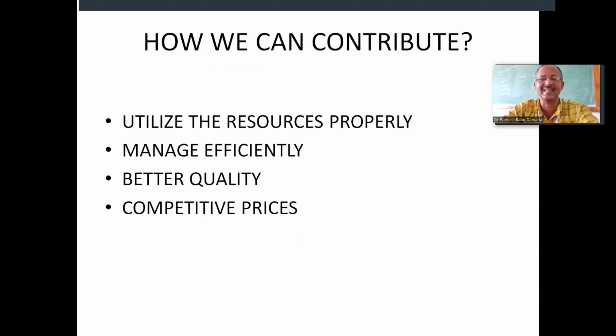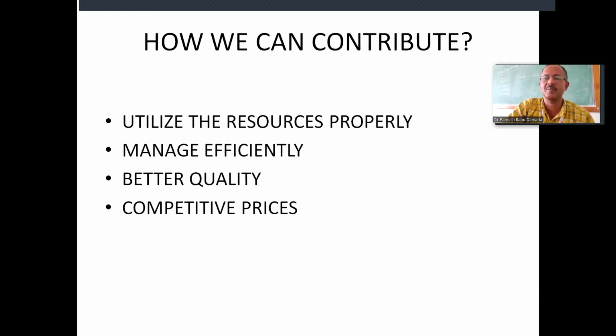Any student who is learning this, you need to think how you can contribute. By knowing about POM, how you can contribute to society, how you can influence the life of the people. Wherever you're going to work, see that you utilize your resources properly, efficiently, effectively, optimally. Manage your operations efficiently.